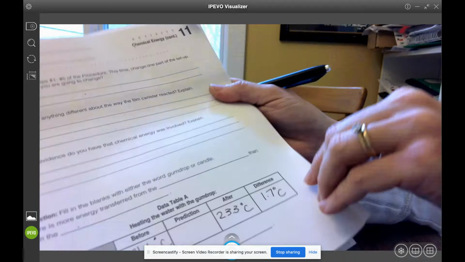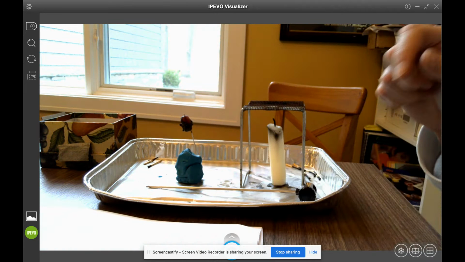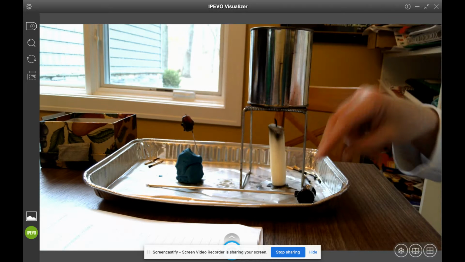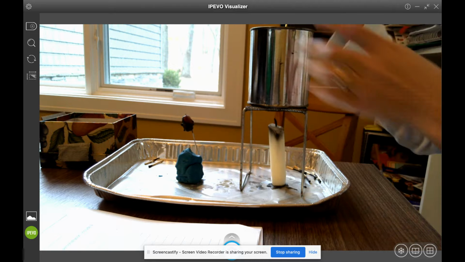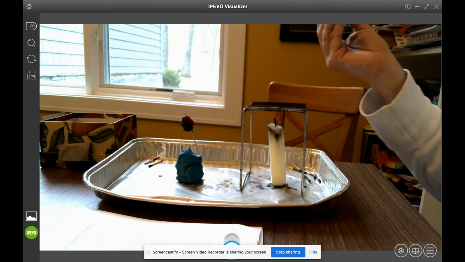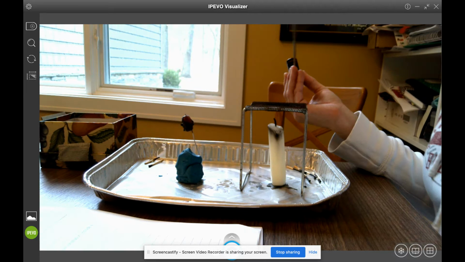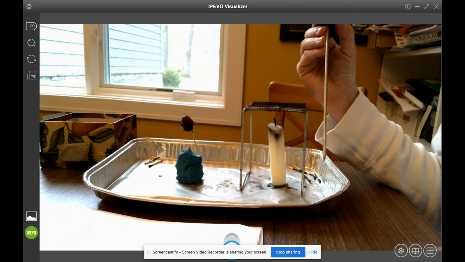Okay. So Wyatt's got us some water. There we go. It's a little bit more than I had, I believe, which means it's going to take longer to heat. We'll pour a little bit out. We wanted to have the same amount of water so that it's got the same amount of water to heat. We don't want one to have more and one to have less.